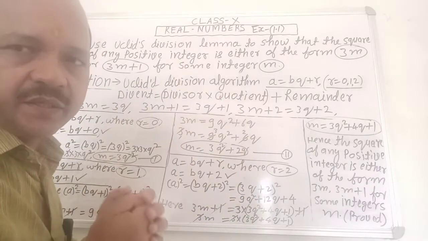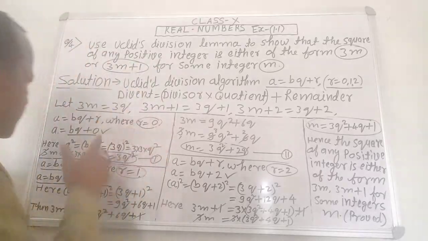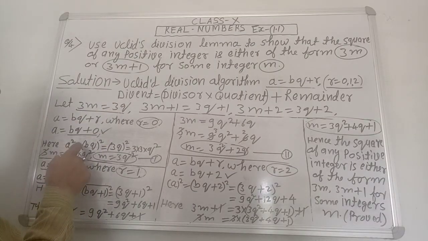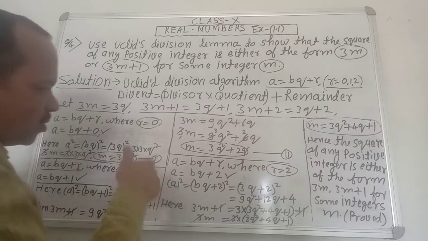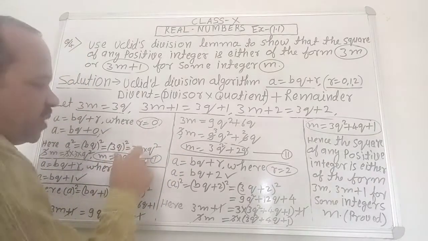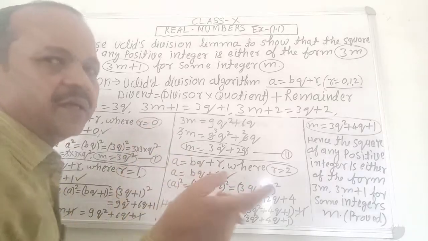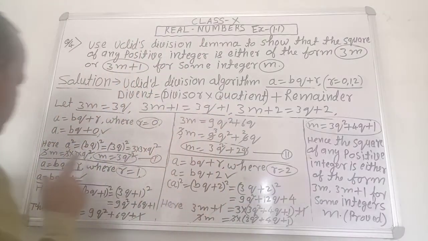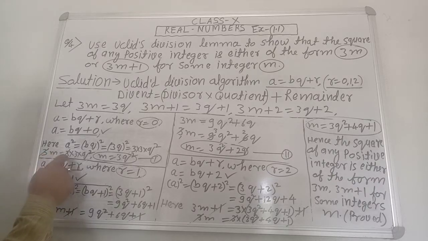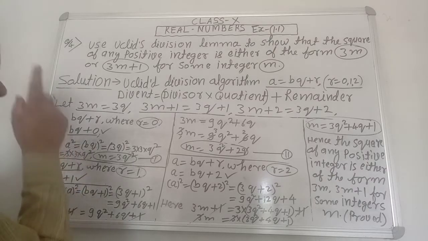Squaring on both sides, it becomes A square equals BQ whole square equals 3q whole square equals 3 multiplied by 3 multiplied by q square. Clear? No confusion. 3m equals 3 multiplied by q square.